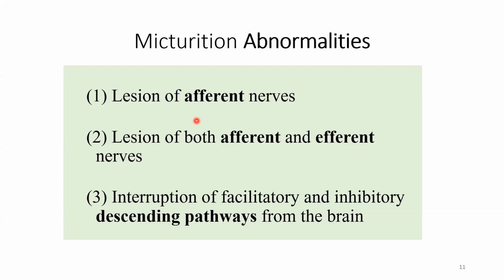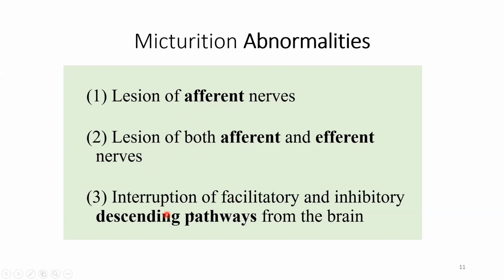So the lesions will be on three lines. Scenario number one: what if afferents are cut? Scenario number two: what if you cut both afferents and efferents? And three, you keep all of this intact, so the basic spinal segmental arc is intact.